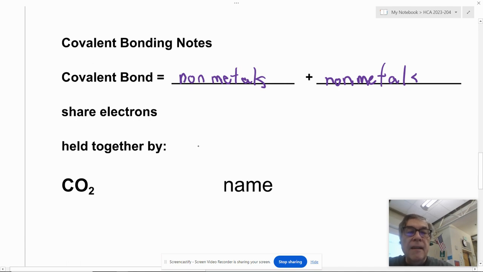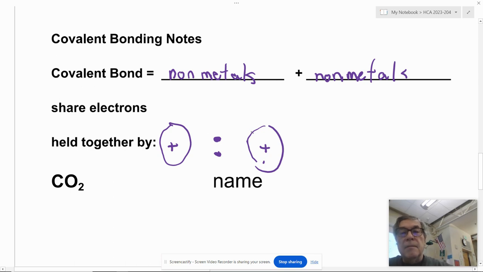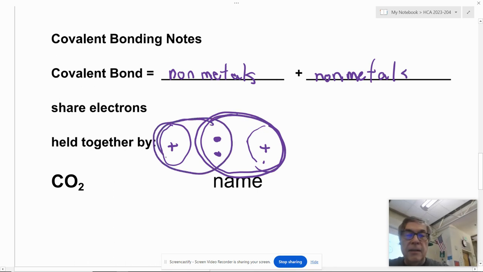And if you have a pair of electrons where one of those electrons is from this atom and the other electron is from this atom, this positive nucleus is going to attract the electrons, and this positive nucleus is going to attract the electrons. So once again, they're held together by the attraction of these positive and negative charges.